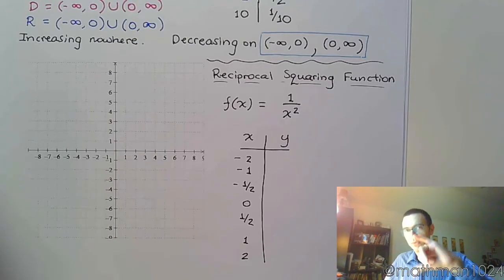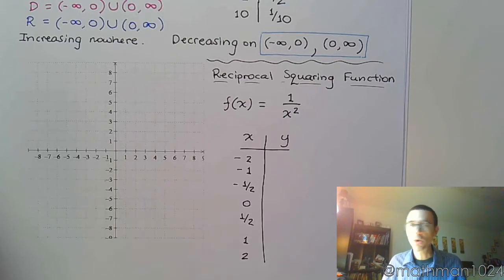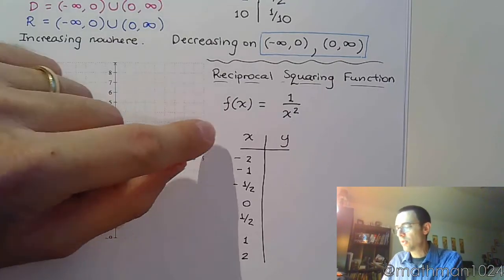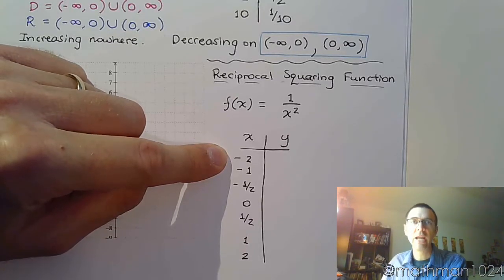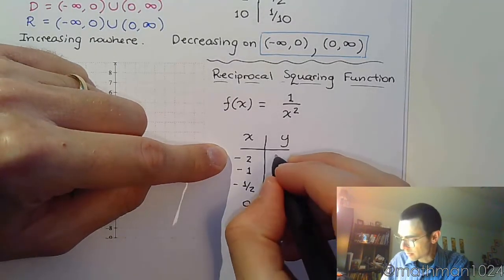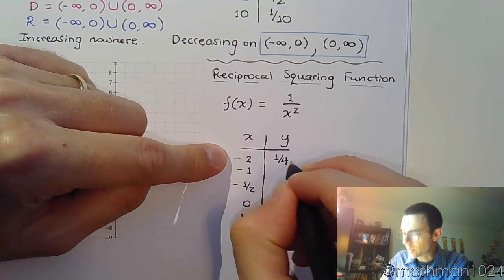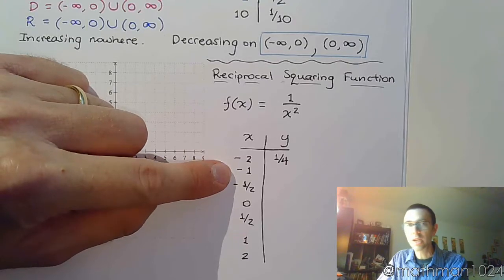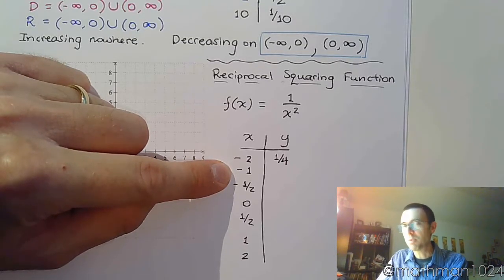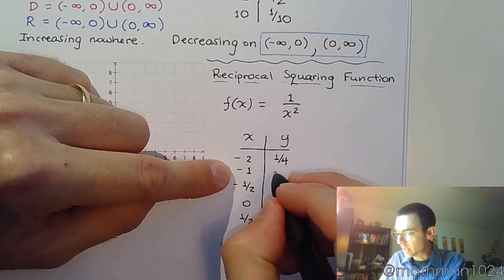You have to flip and you have to square, but the order doesn't really matter. So if you want to take negative 2 and square that first to get 4, that's fine. And then do the reciprocal of 4. So you would end up with 1/4, positive 1/4. Watch out for those signs. Negative 1. If we square that, it's positive 1. And the reciprocal is still 1.